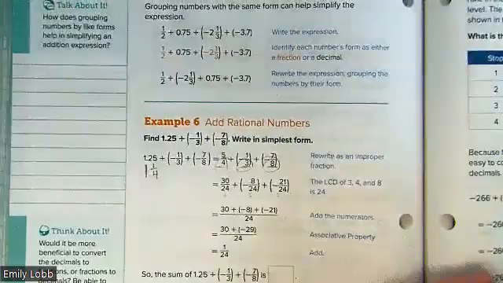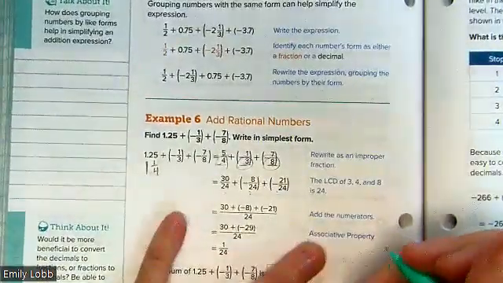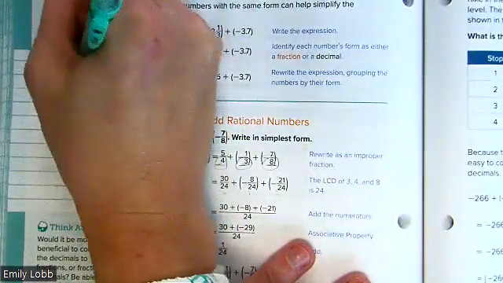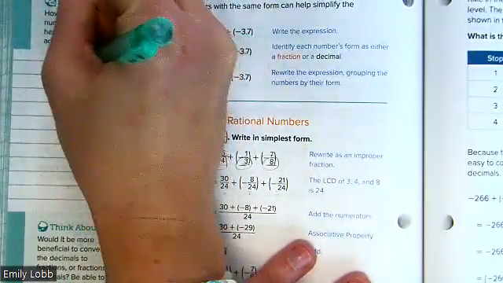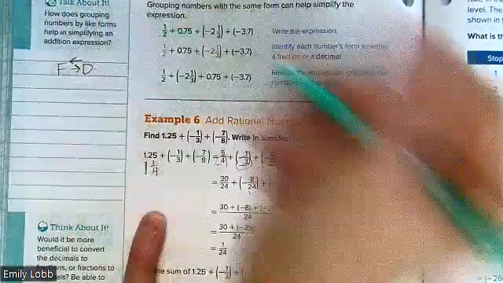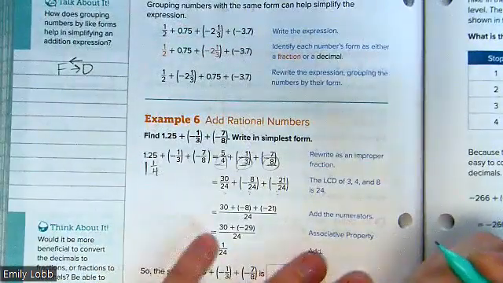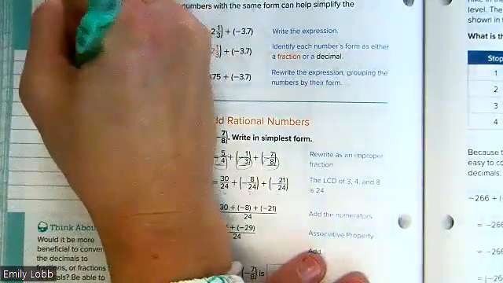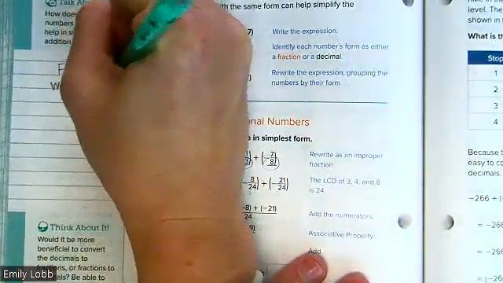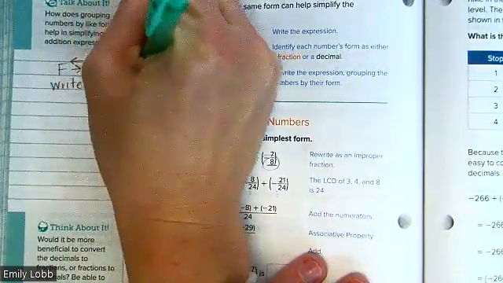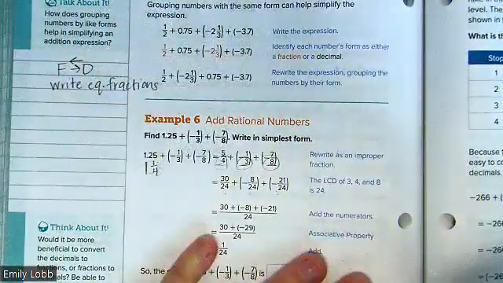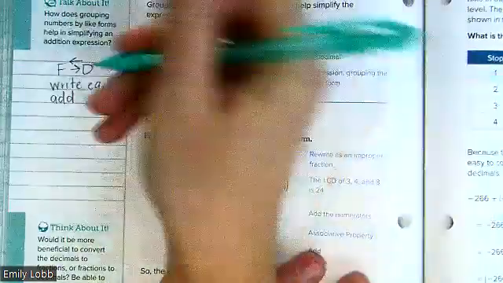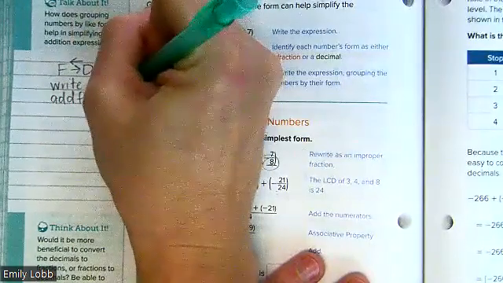So think of all the things that we have to remember here. We have to go from a fraction to a decimal, or vice versa, right? We have to write equivalent fractions. And we have to remember to add fractions.